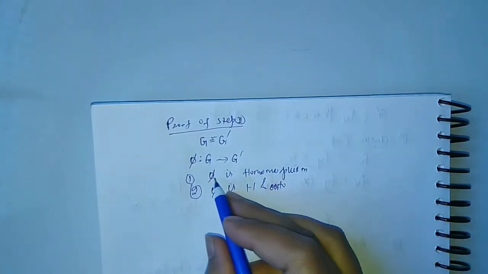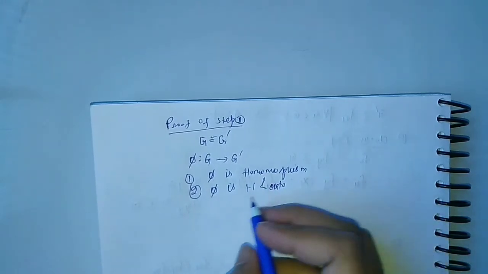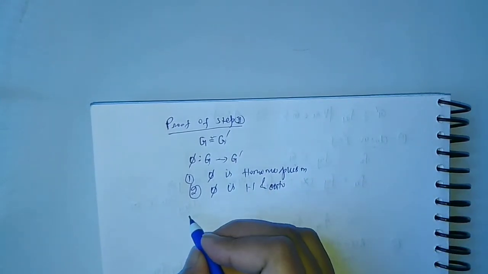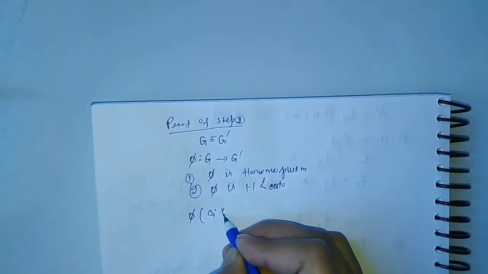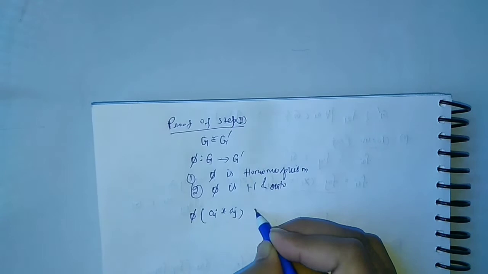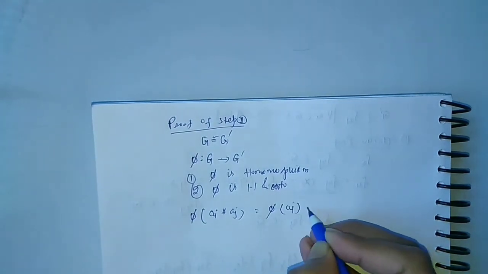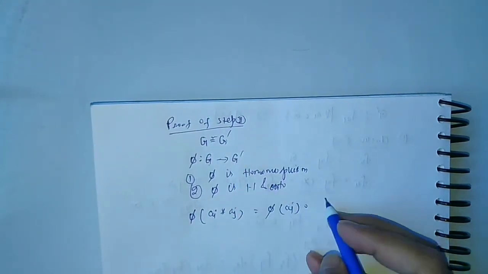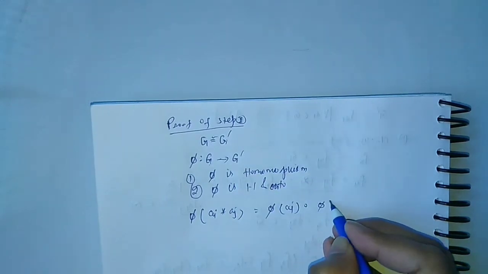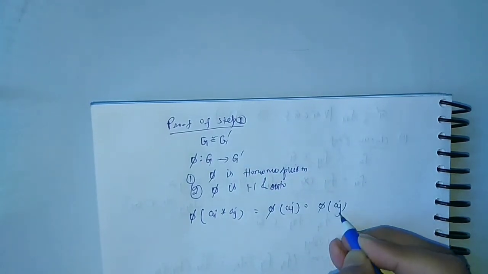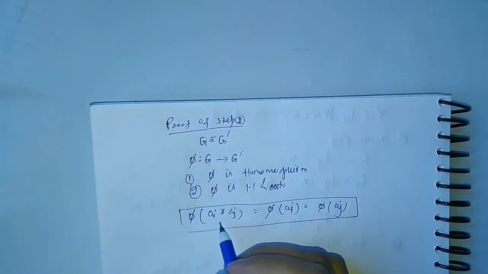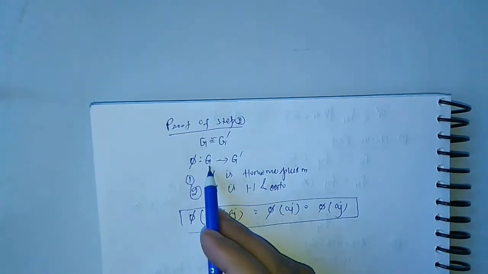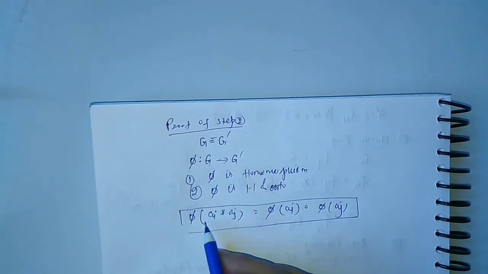So first we have to prove phi is a homomorphism. We know that if phi(ai star aj) is equal to phi(ai) operation phi(aj), with the operation from this group G dash, then we will say that phi is the homomorphism from G to G dash. This is the definition for homomorphism.